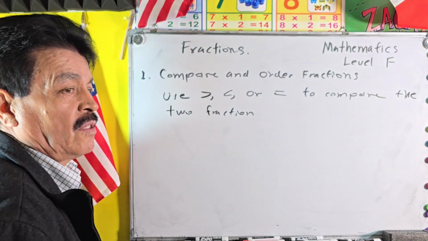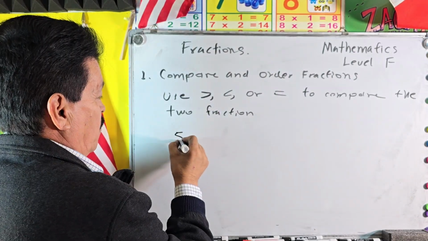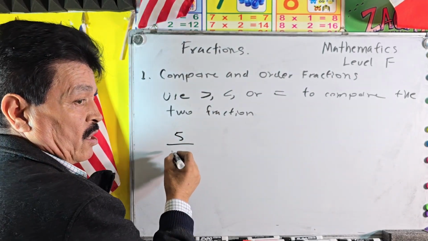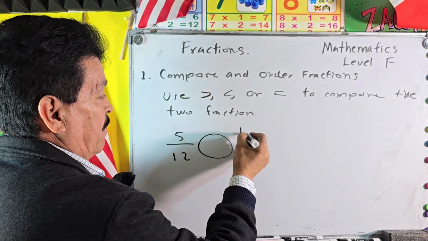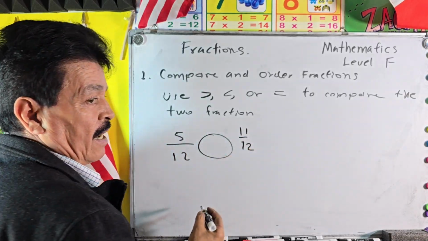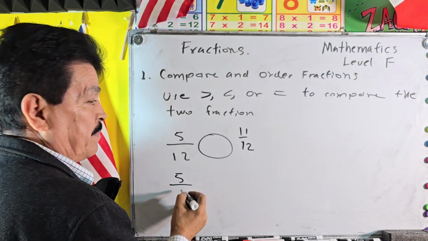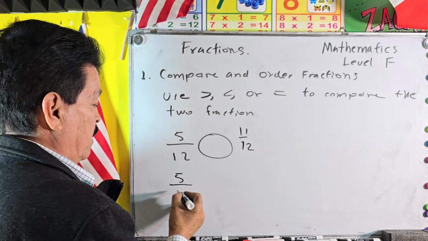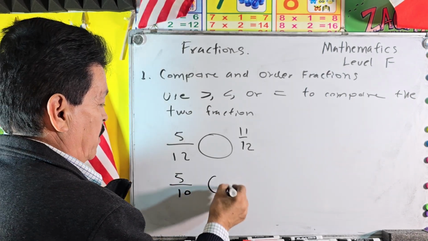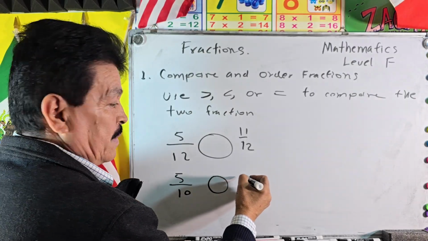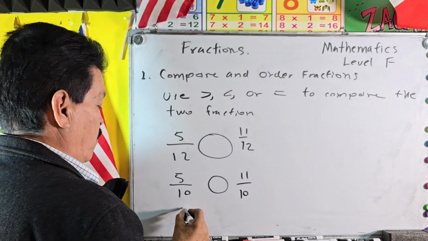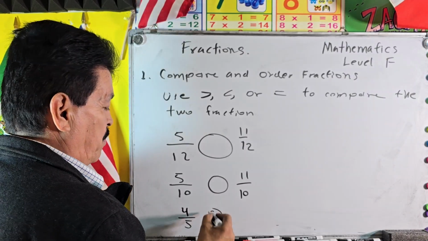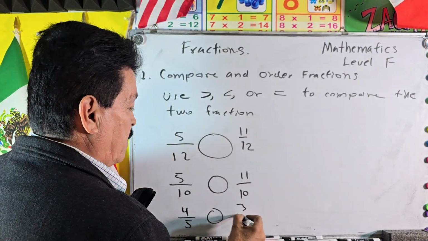Let's write. I like to make the right fraction. We write 2/12 compared with 11/12. Let's write 5/10 with 11/10, and then 4/5 compare with 3/5.